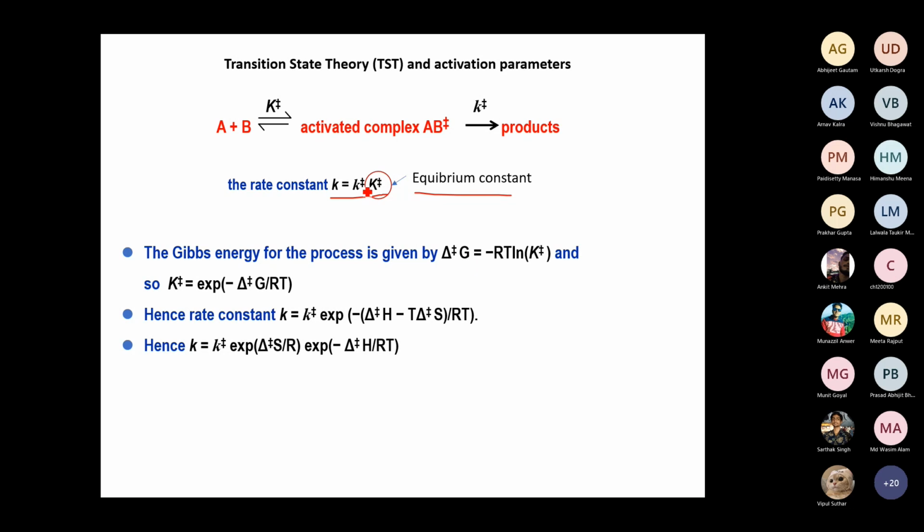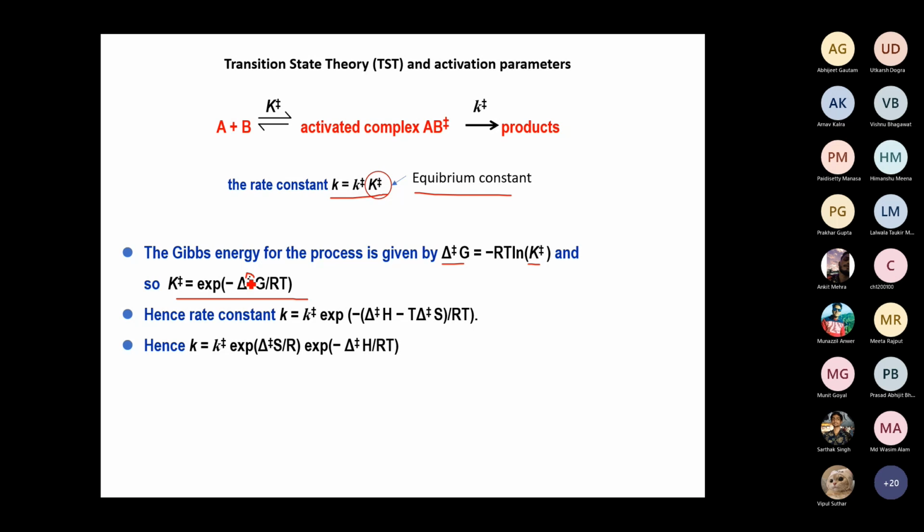So del G of activation equals minus RT ln K, where K is the equilibrium constant. So K is e to the power minus del G by RT. You also know that from high school, I think. If you don't know, that is also fine. At least from CMP as well as Professor Sasandip's course, we have learned that the equilibrium constant is equal to e to the power minus del G of activation divided by RT.